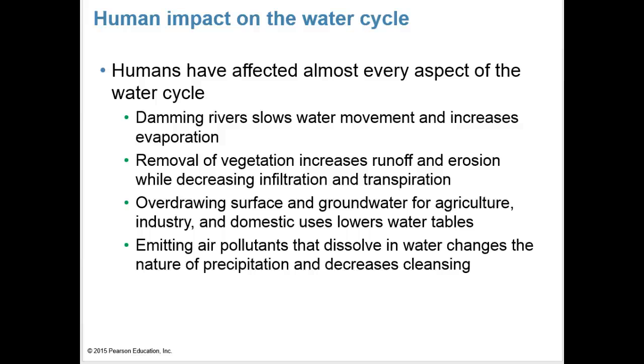Overdrawing surface and groundwater for agriculture, industry, and domestic uses lowers water tables. And emitting air pollutants that dissolve in water changes the nature of precipitation and decreases cleansing, making acid rain.